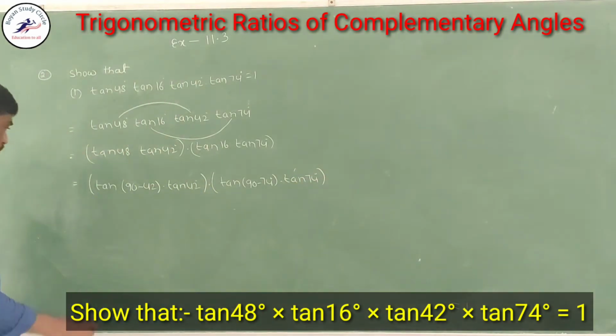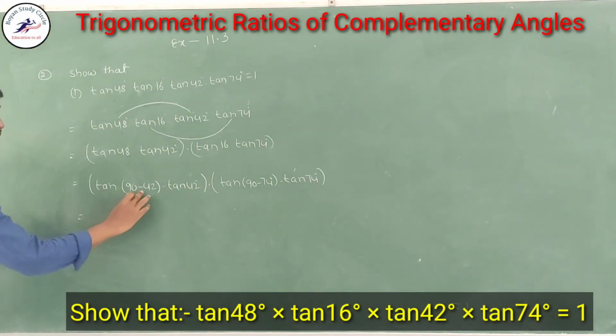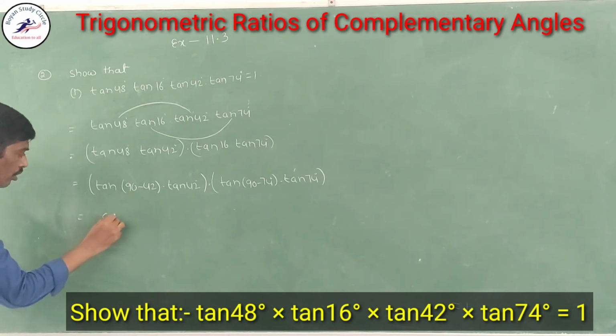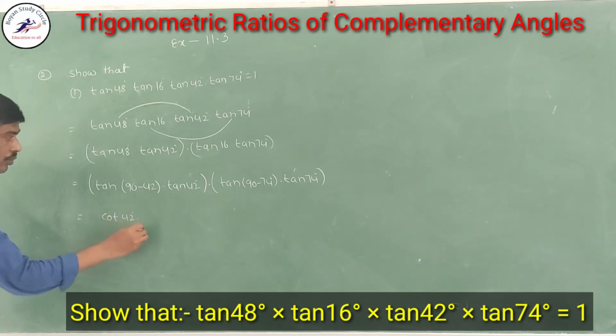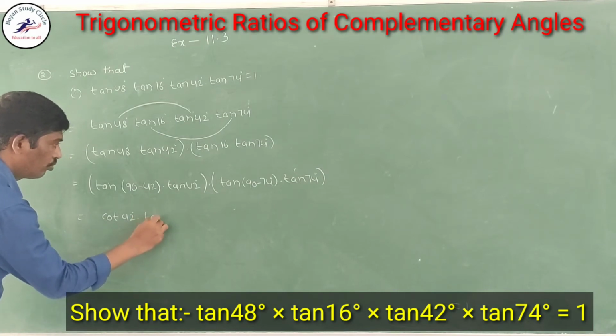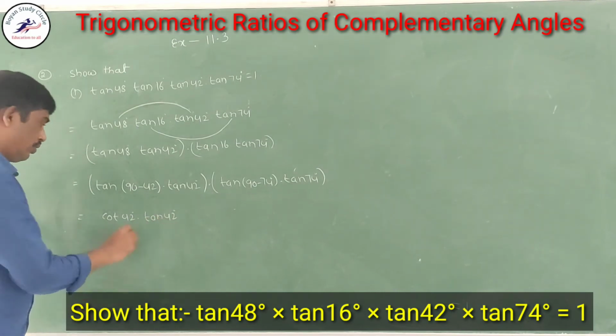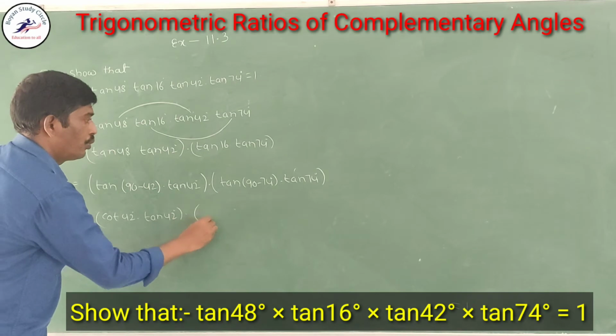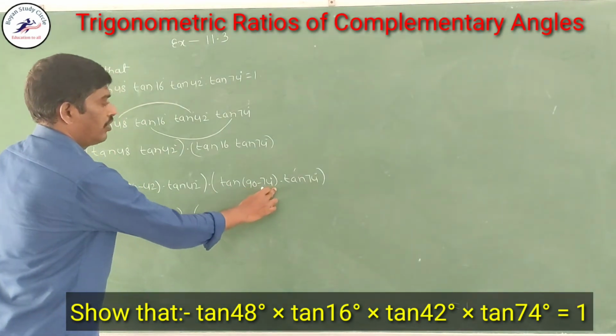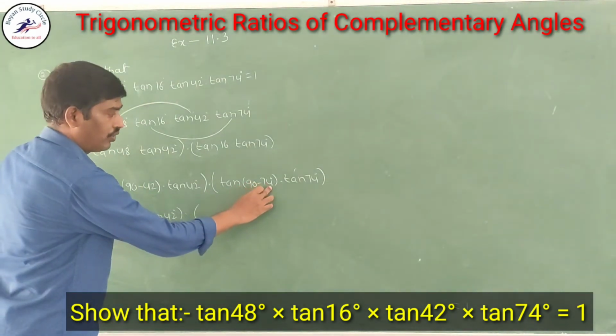Okay. So tan of 90 minus 42, and that means tan of 90 minus theta is cot theta. So here in place of theta, 42 degrees is there. So cot of 42 degrees into tan of 42 degrees, that is into tan of 90 minus theta, that is cot theta. In place of theta, 74 degrees is there.